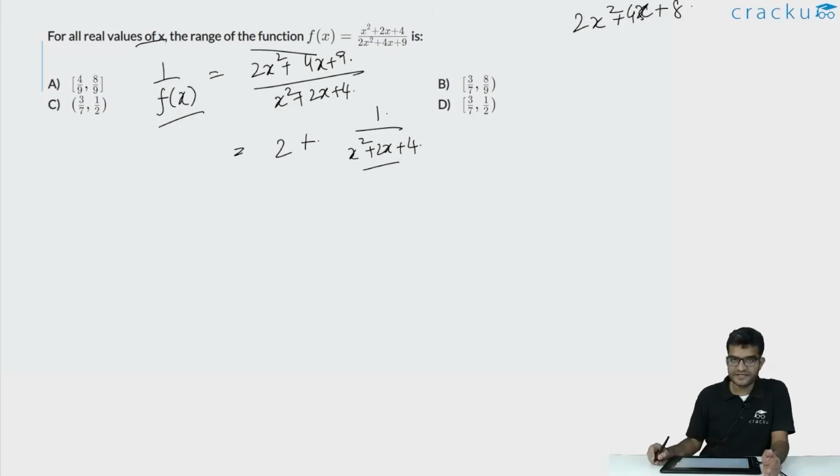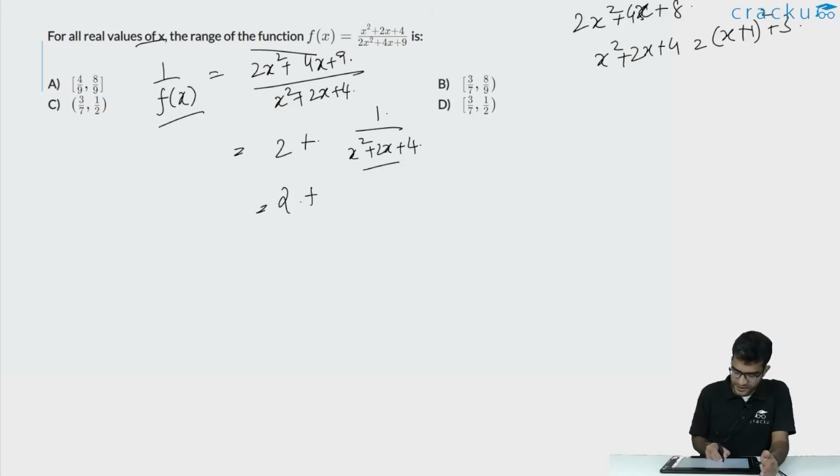Now this expression can be simplified because x square plus 2x plus 4 is equal to x plus 1 whole square plus 3. So 1 by f of x can be simplified further to equal 2 plus 1 divided by x plus 1 whole square plus 3. What is the range of this function?